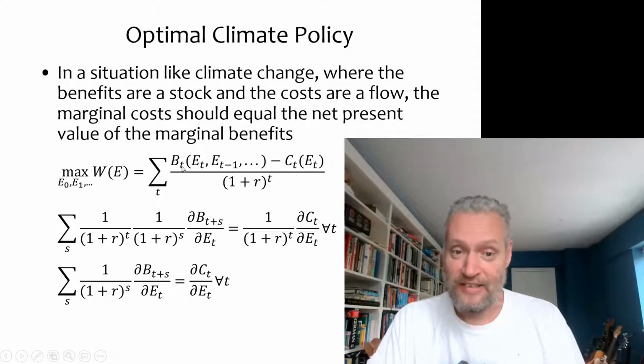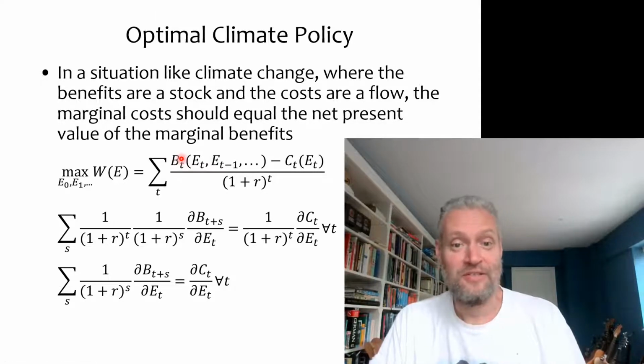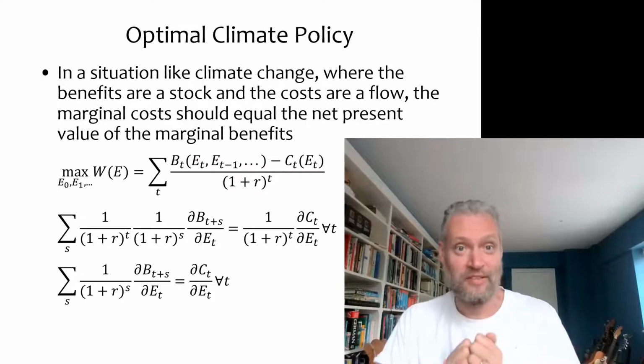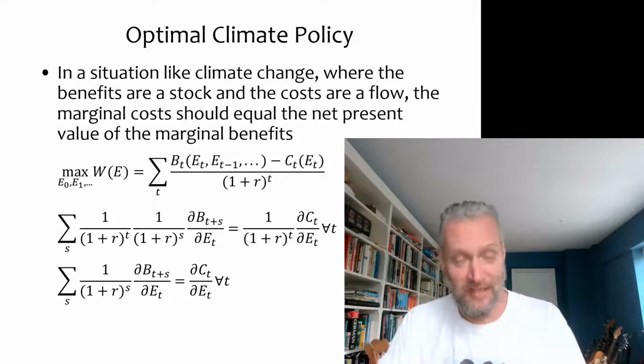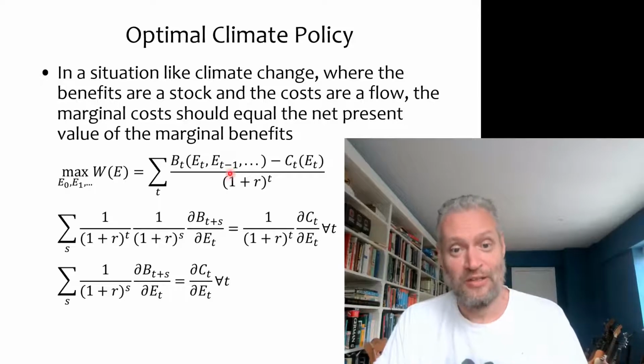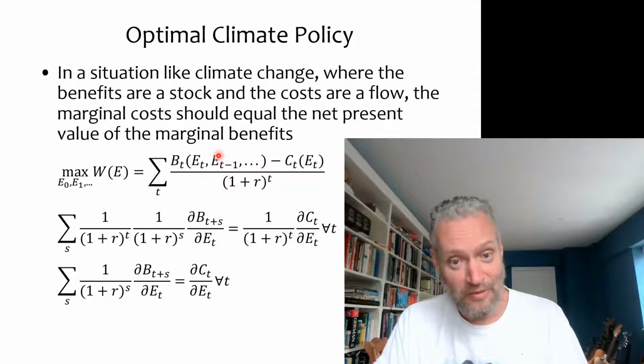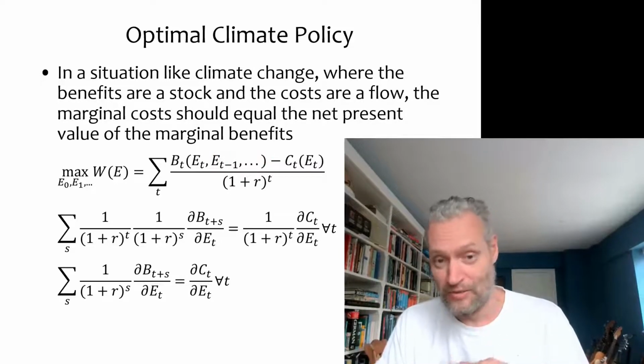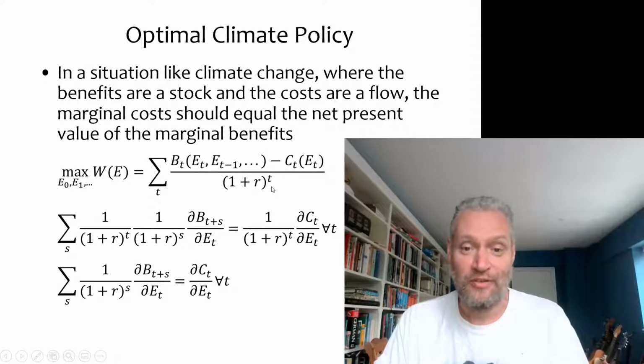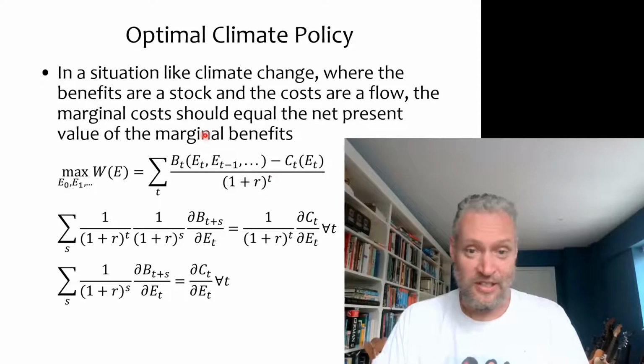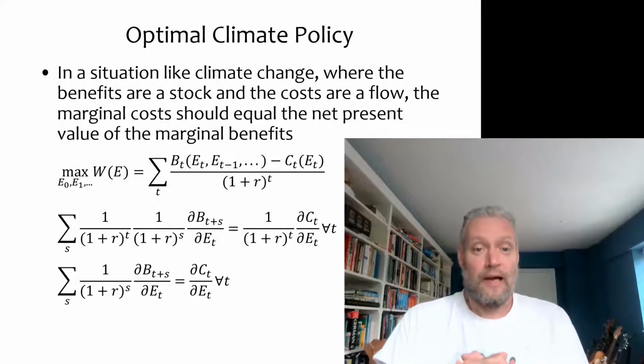On the other hand, the benefits of emission reduction depend on what is going on in the same period, but because CO2 accumulates in the atmosphere, they also depend on our emission reduction effort in the year before that, and so on and so forth. And then, of course, everything is discounted at the rate 1 plus r to the power t. This is your net present value.